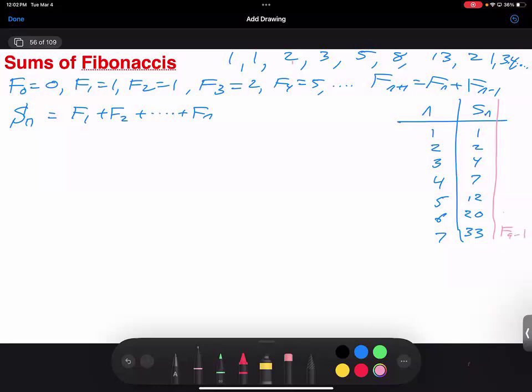When n was 6, it looks like it was the 8th number minus 1. Looks like it was the 7th number minus 1. It's almost like a sum of exponential powers of 2. Almost, but not quite, because it's not growing that rapidly.